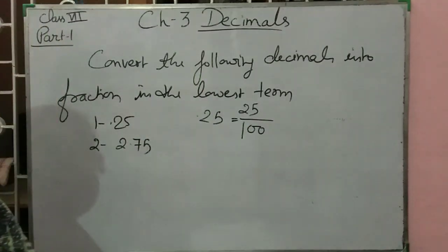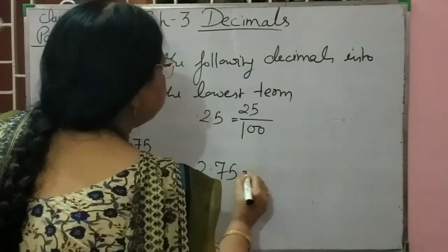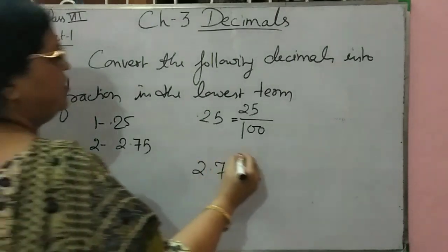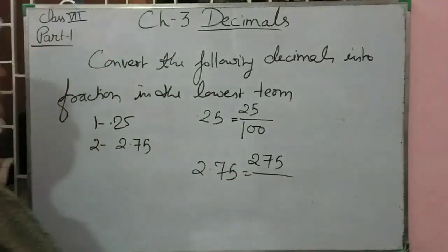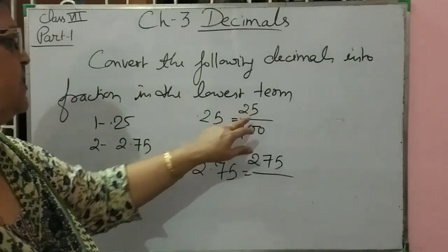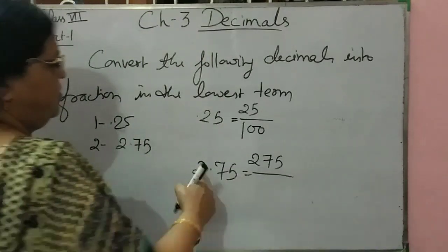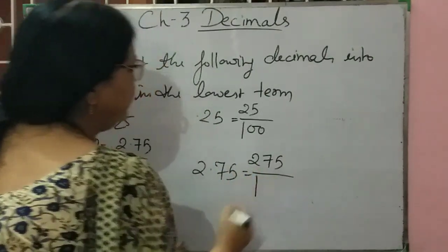Again 2.75 to 275. Numerator just like this. 25 is numerator and denominator decimal point की जगह आपको 1 रखना है.